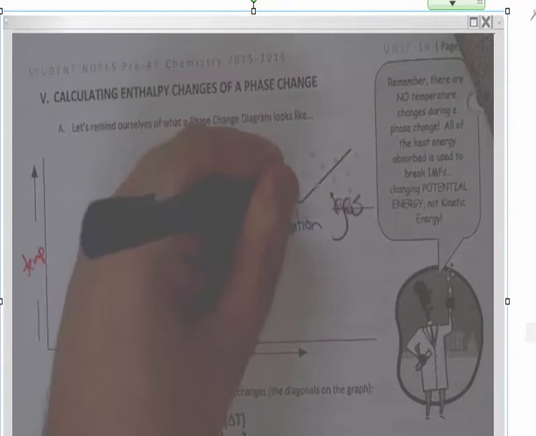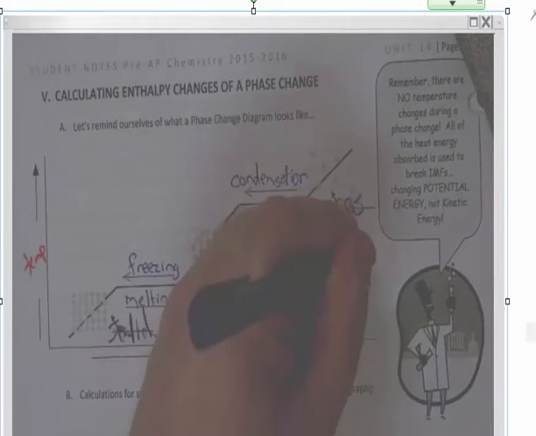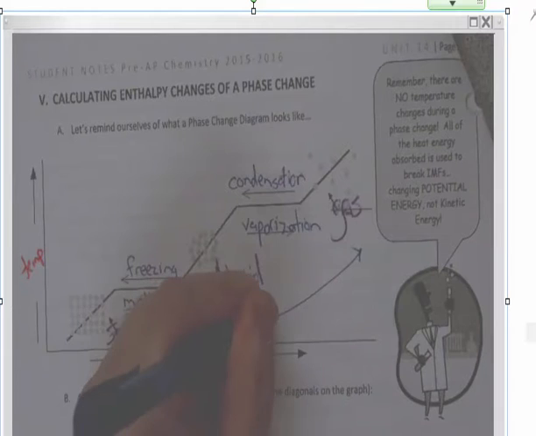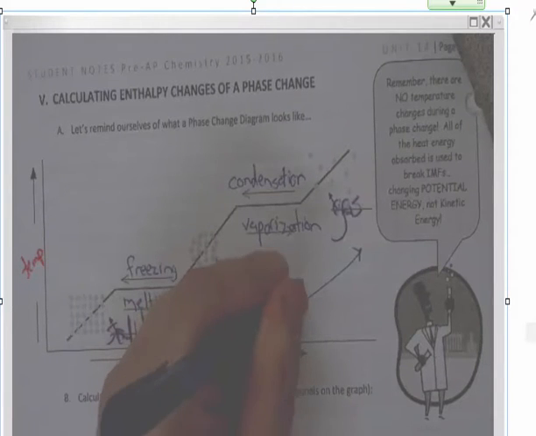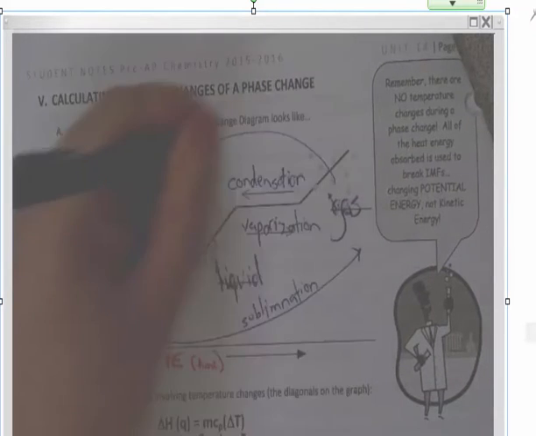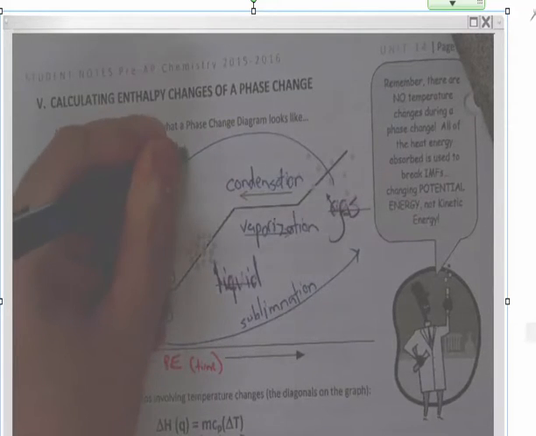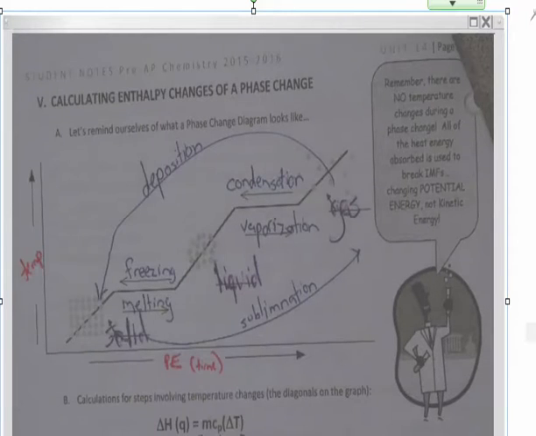Remember, there were 2 more phase changes. There was solid to gas, that's subliming or sublimation, and gas to solid was deposition. Remember, 3 of these are endo and 3 of these are exo.